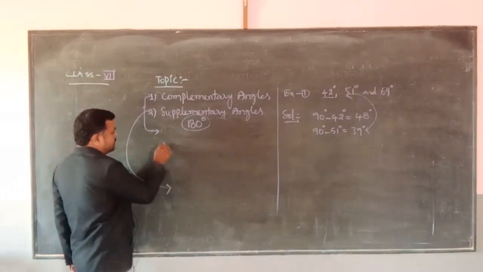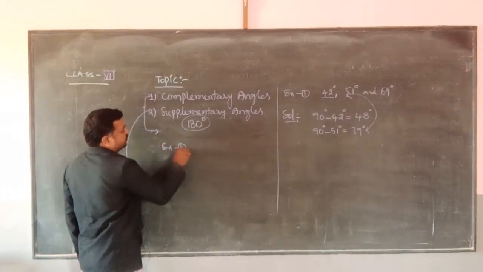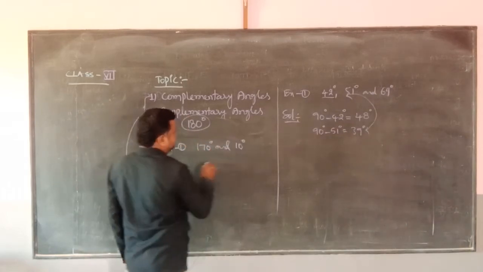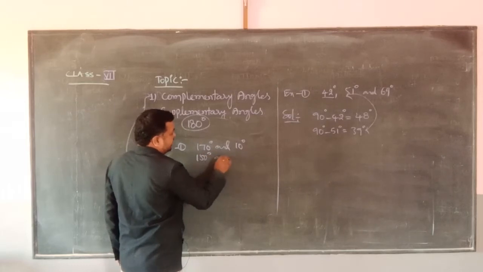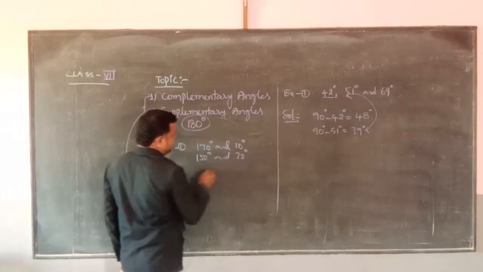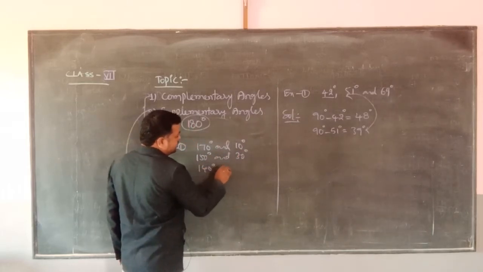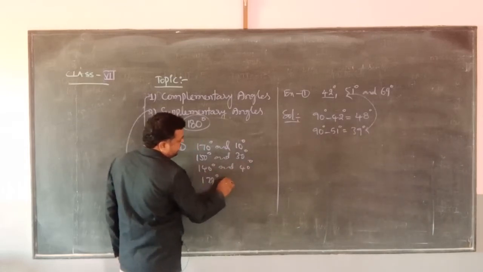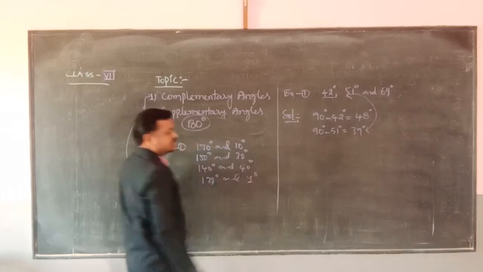See the examples: 170 degrees and 10 degrees, 150 degrees and 30 degrees, 140 degrees and 40 degrees, 179 degrees and 1 degree.